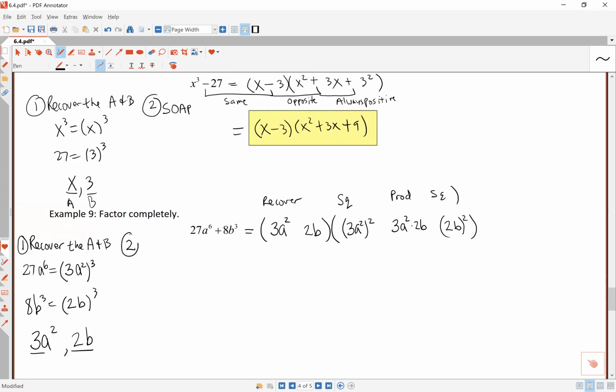Step 2 is when we put the signs in there according to SOAP. Same sign, plus plus, opposite sign, plus minus, and always positive.